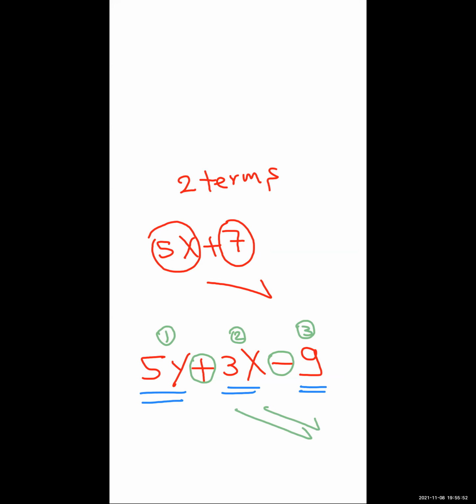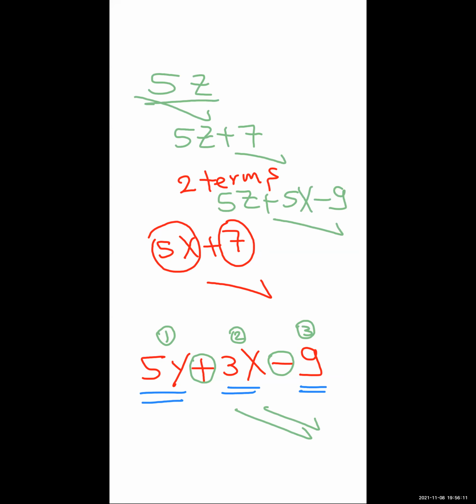So an expression consists of one or more terms. So if it's only one term like that, 5z, it's an expression. 5z plus 7 is an expression, 5z plus 5x minus 9 is an expression. But in the first one, it's one term.